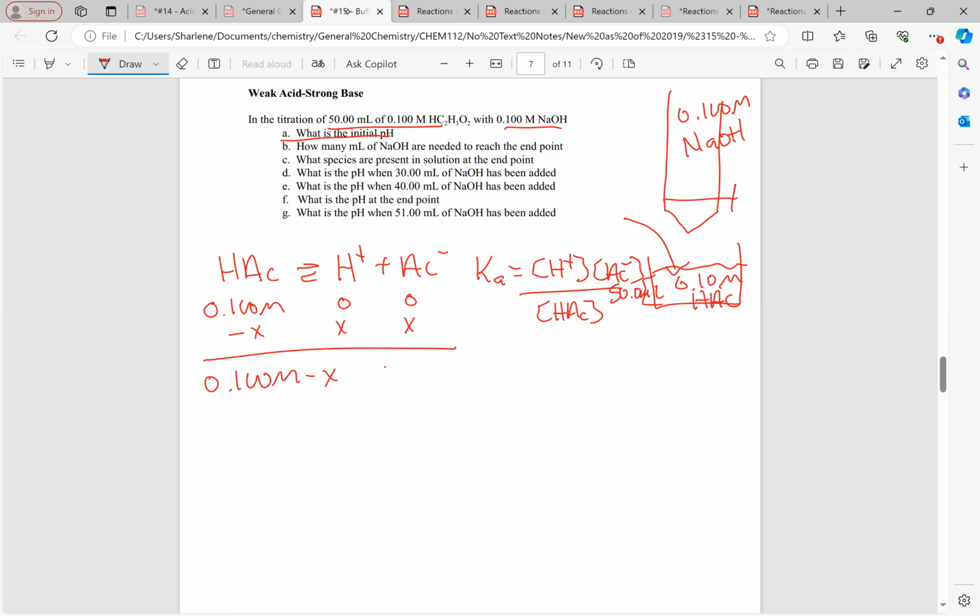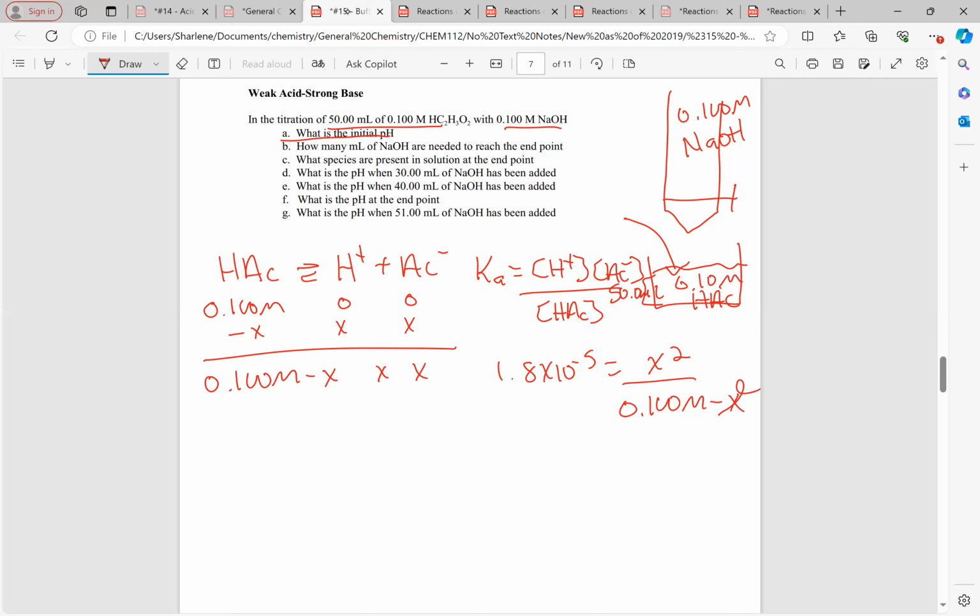Hopefully this is not looking new to anybody. All right, I'm going to make the assumption. I'll just check it before I'm done. All right, so I have 1.8 times 10 to the minus fifth times 0.1 and take the square root.